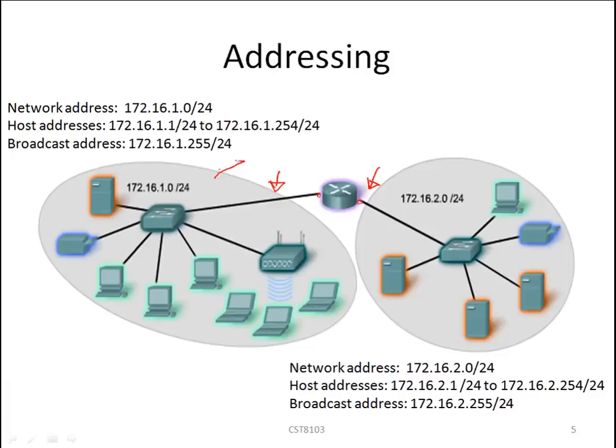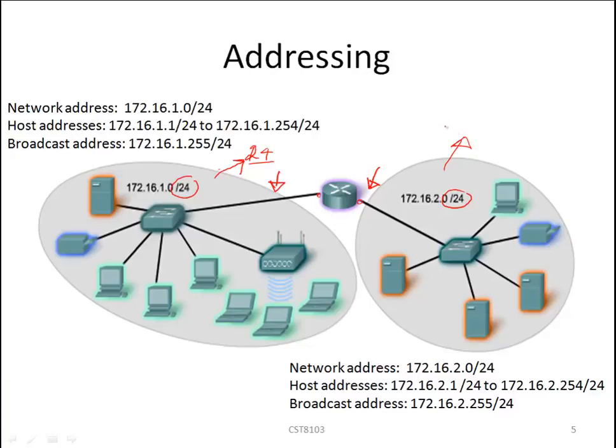Therefore, all computers on this network will have their 24 network bits identical. We conclude that with the slash prefix. Same thing here. The prefix length here indicates that in this network all computers will share the same network ID. They will all have the same network address.